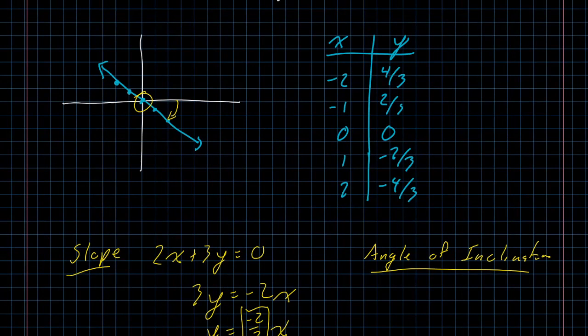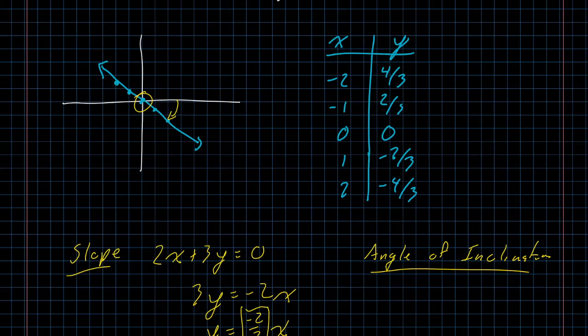When you are looking at a line that has a positive slope, this is a really easy thing to measure. When you have something like this with a negative slope, there are two competing schools of thought. Some people like to have the angle of inclination be somewhere between 0 and pi, 0 and 180 degrees. Other people like to go between negative 90 and positive 90, or negative pi over 2 and positive pi over 2 in radians. That's actually the track I'm going to take.